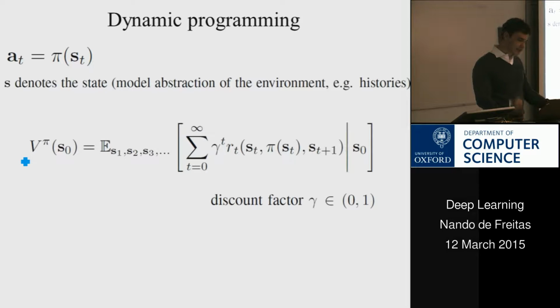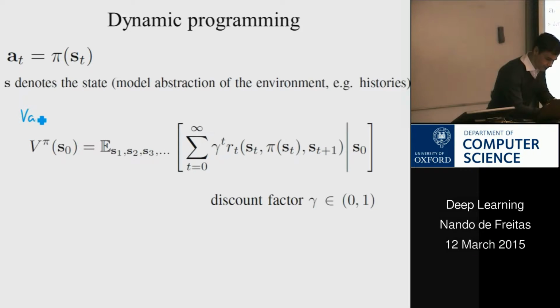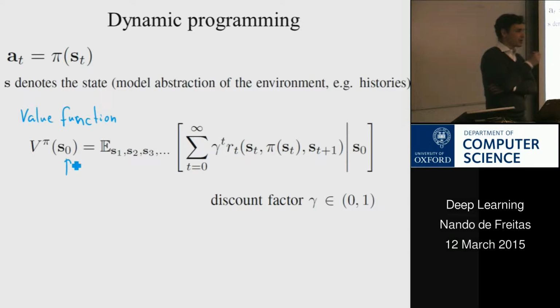And instead of using expected returns, we're now going to introduce a slightly different quantity, which we're going to call the value function. And as the name implies, the value function essentially tells you what's the value of being in a particular state.